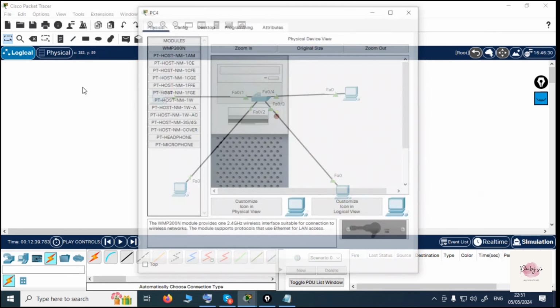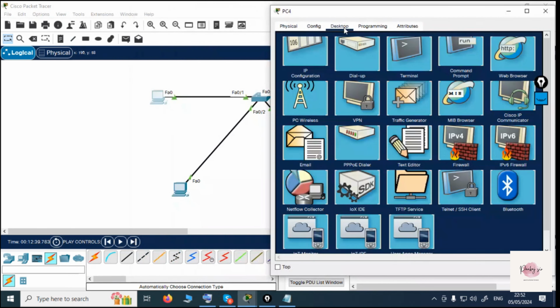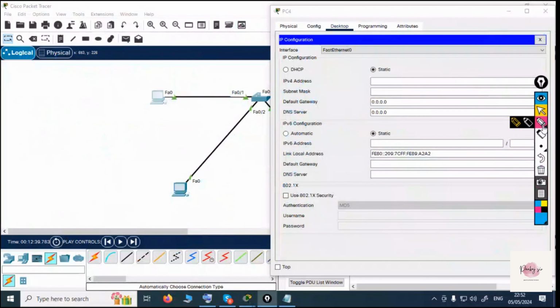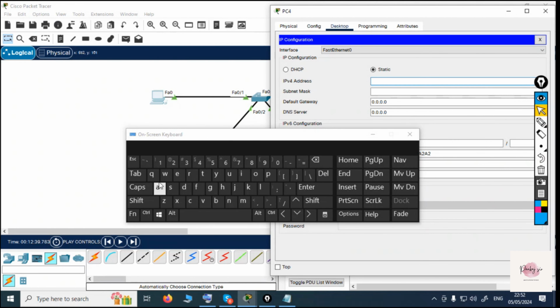Now let's see. Just see what happens here when I type some address in this device. Let it be 10.0.0.1.